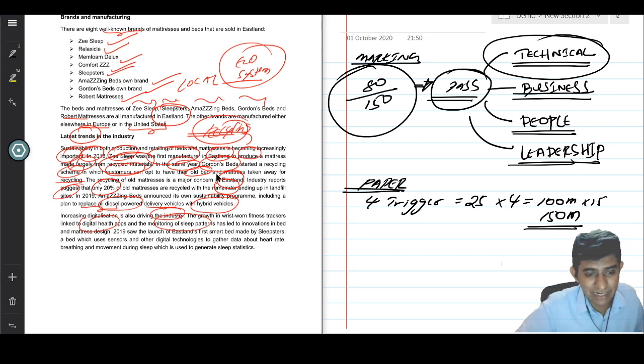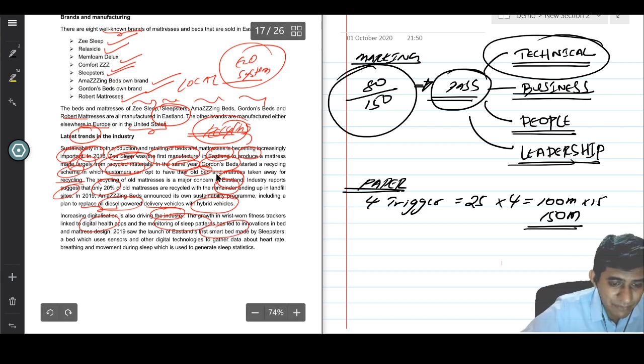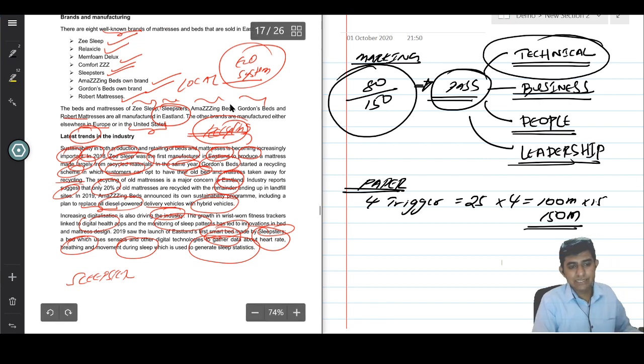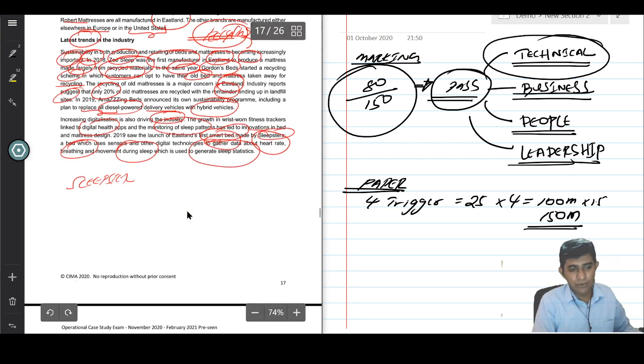So I will just underline that the smart bed has also come, made by Sleepster. So Sleepster has taken over the smart bed technology, a bed which uses sensors and digital technologies to gather data on heart rate, breathing, and movement during sleep, and generate sleep statistics. So just keep that in mind, students, which is important.